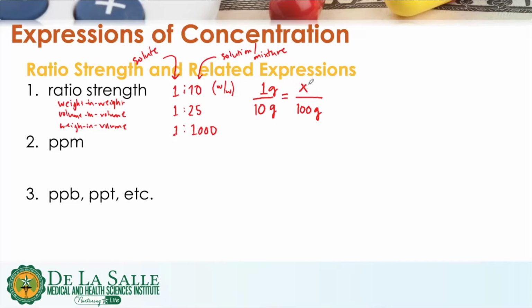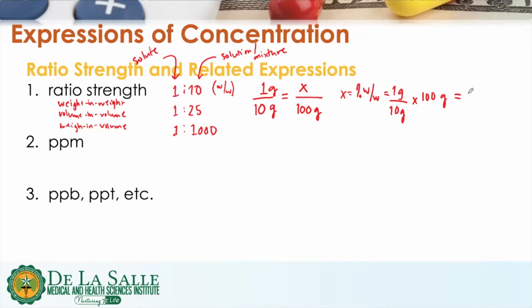So the X is basically the percent weight in weight, and that is equal to 1 gram of the solute divided by 10 grams of the solution or the mixture times 100 grams, which equals 1 gram divided by 10, which is 0.1, times 100.